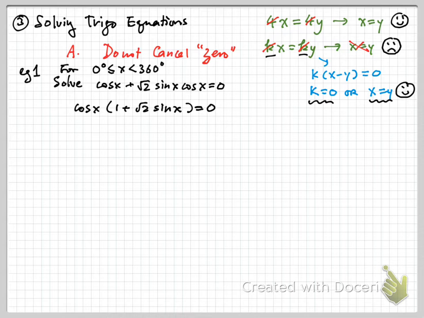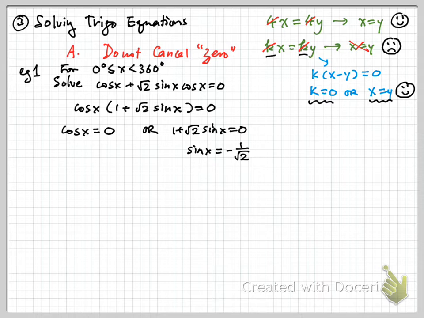That means you have two possible solution groups. One is cosine x is 0. The other is 1 plus root 2 sine x is 0, which develops into sine x is minus 1 over square root 2.